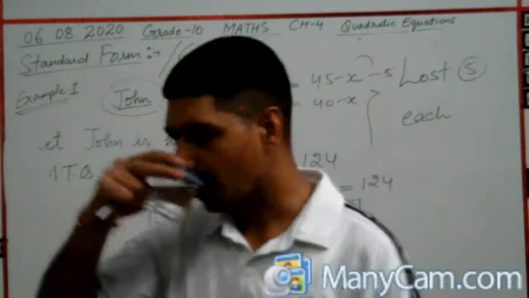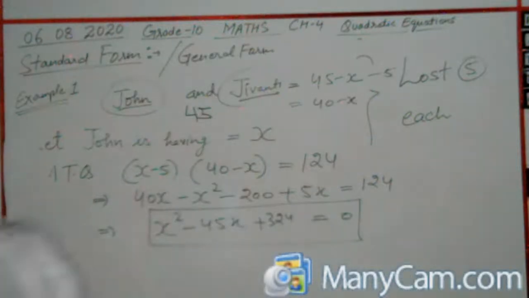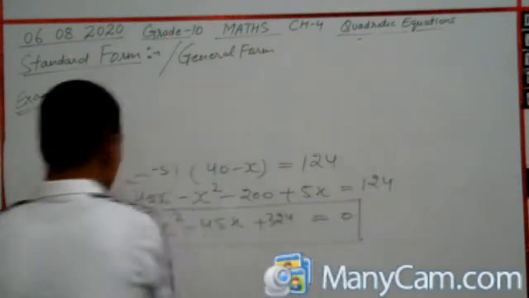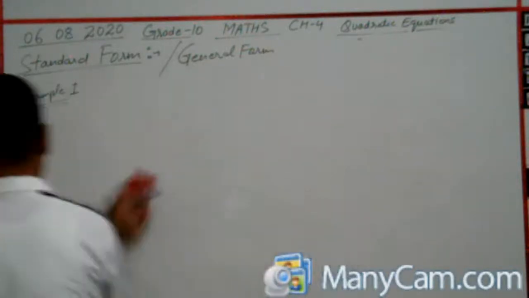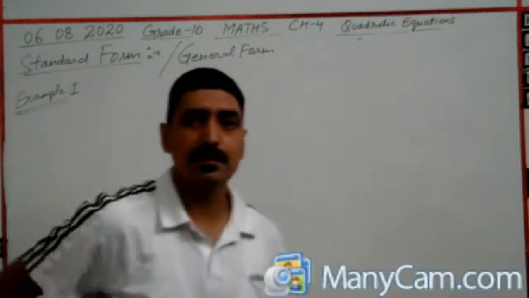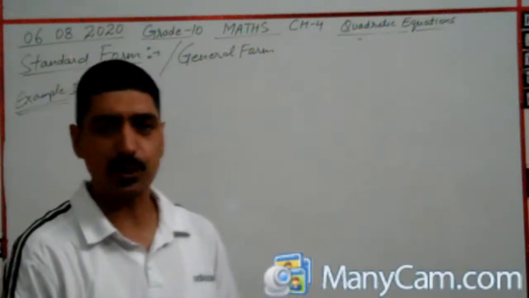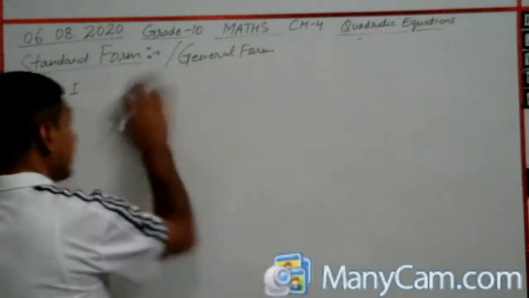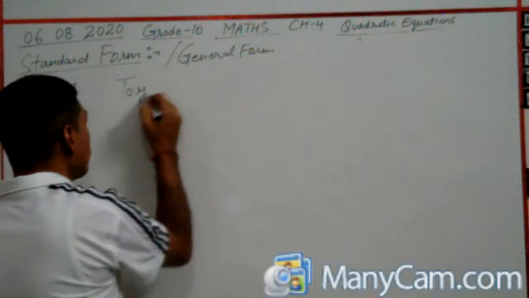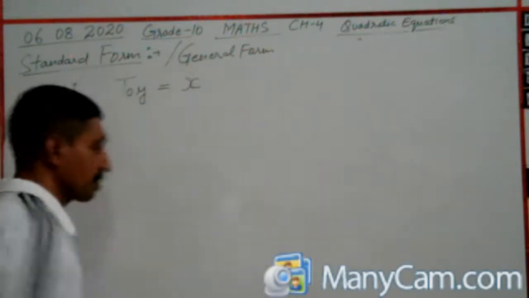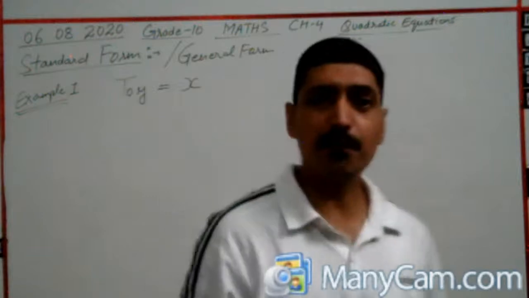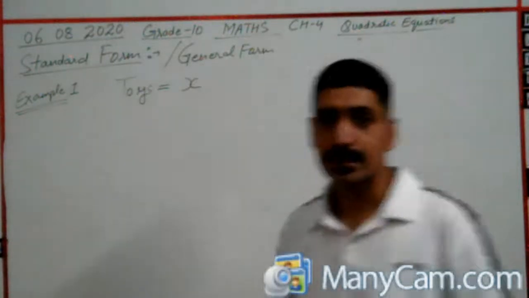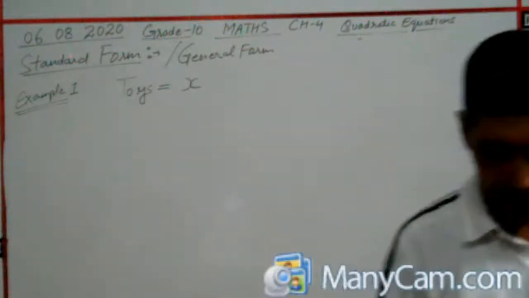So here, what they are saying, example 1, second part. In the book it is solved also, you can go through it, but if I am taking, let the number of toys produced in one day be x, right?